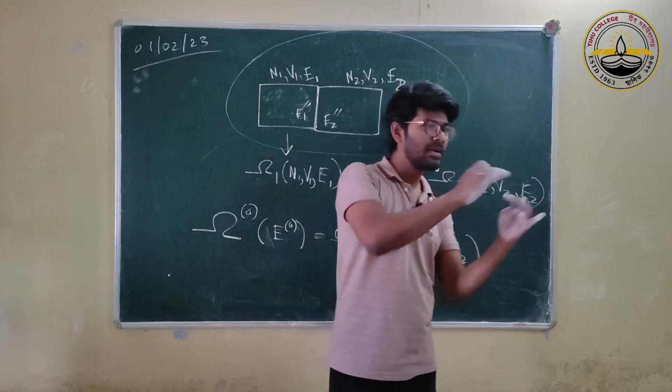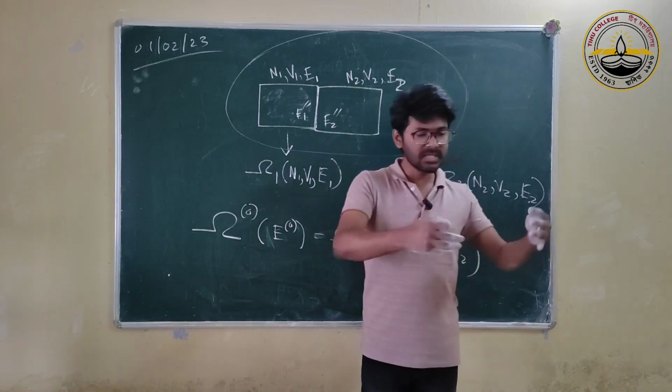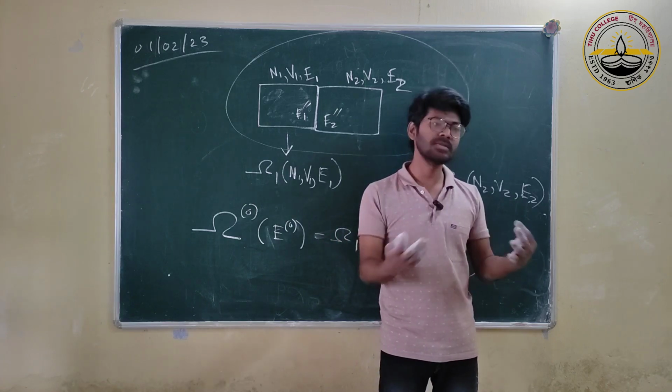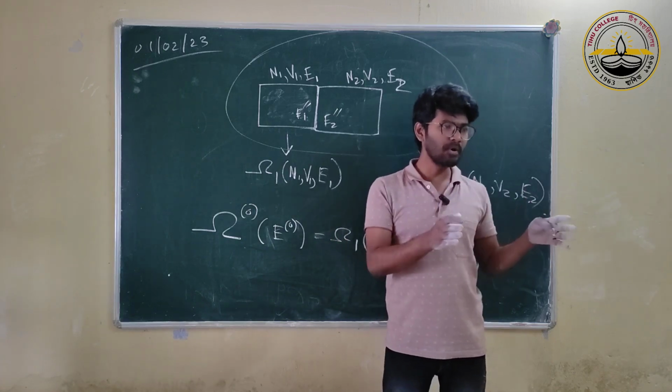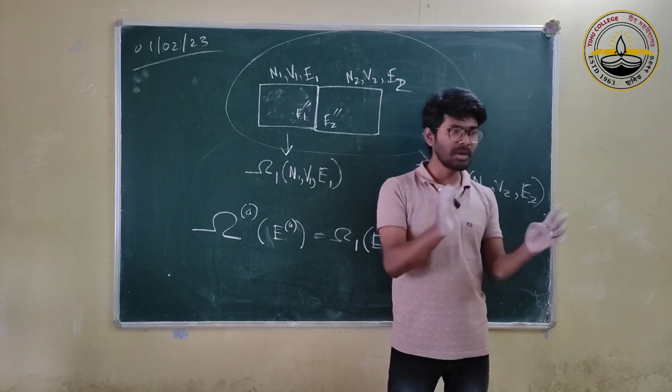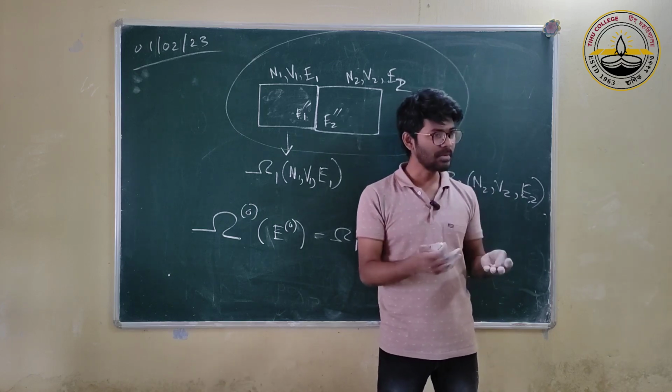Higher energy to the lower energy, it will keep flowing. And because the system is continuously changing, it's not equilibrium. But at some point, when the temperature becomes equal, they will be in equilibrium, right?